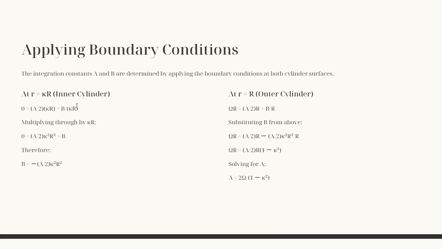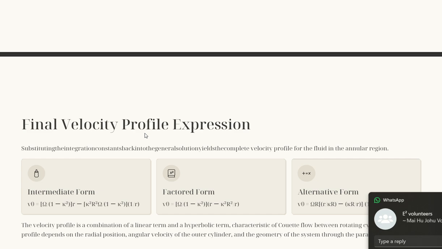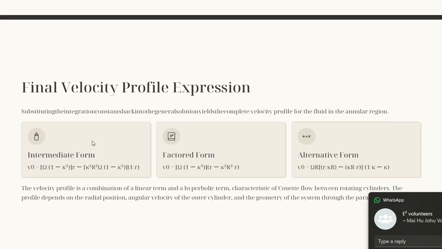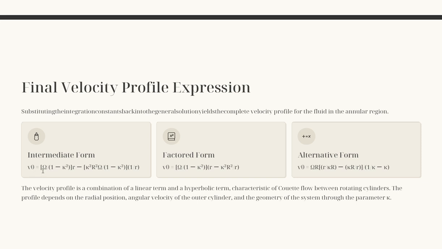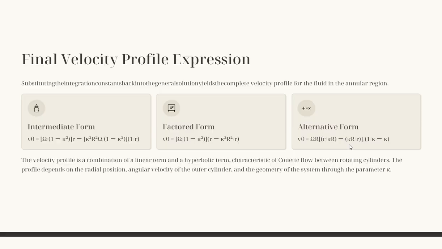And now by applying the first boundary condition and second boundary condition, we get the velocity profile as omega into 1 minus kappa square into r minus kappa square R square into omega into 1 minus kappa square into 1 upon r. The final equation we get is omega R into r by kappa R minus kappa R by r, upon 1 minus kappa minus kappa.